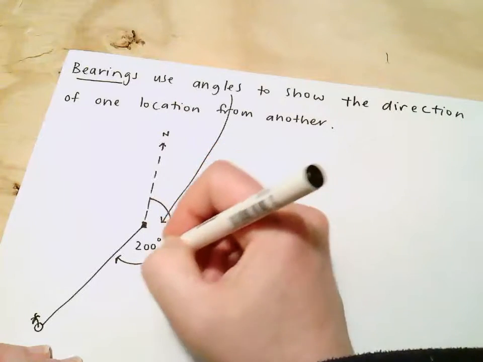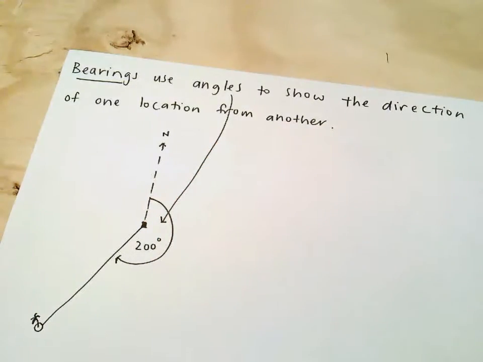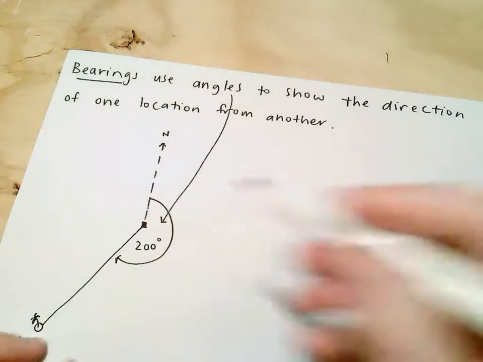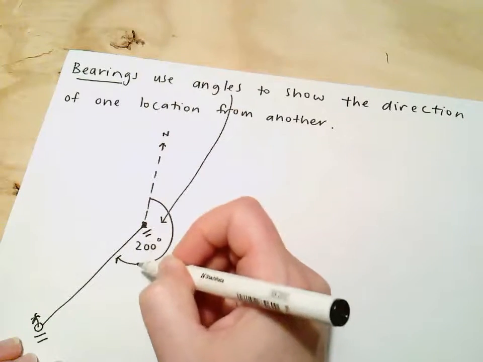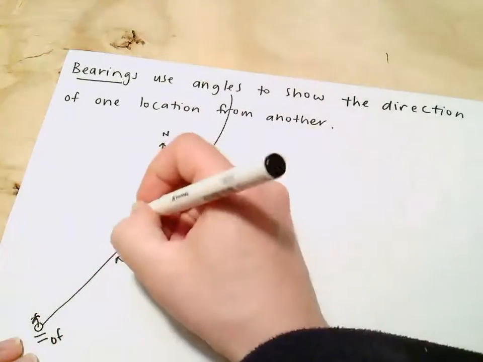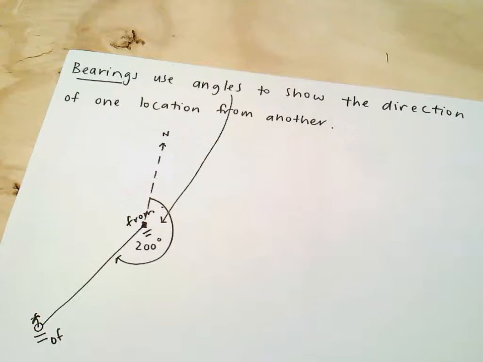And that angle is what we call a bearing. So it's an angle that shows the direction of one location from another. So this would be the bearing of the palm tree from my raft. So of the palm tree from my raft, and that's going to be important as we go through the video.